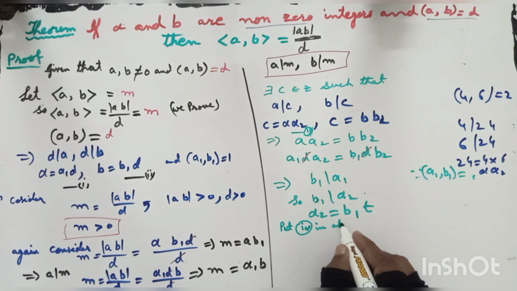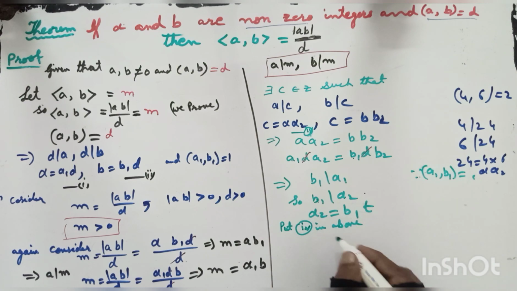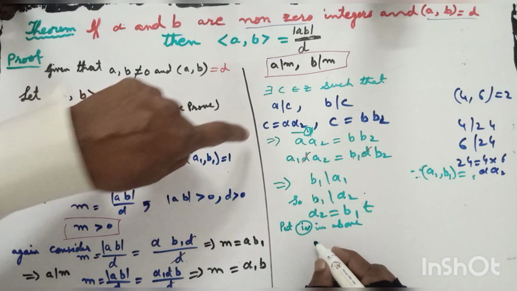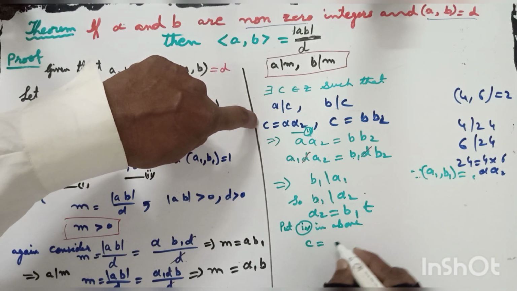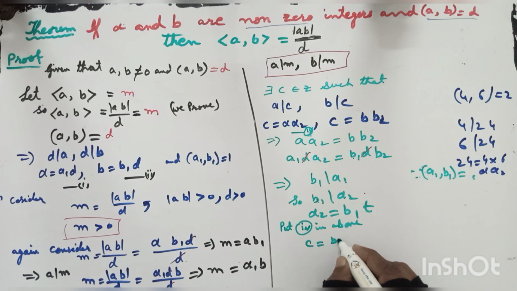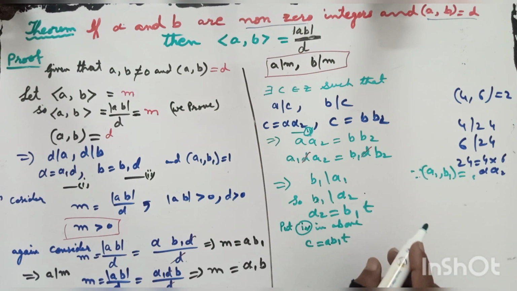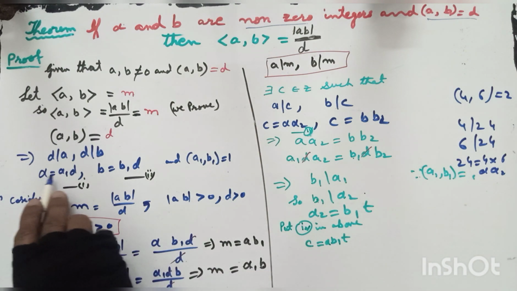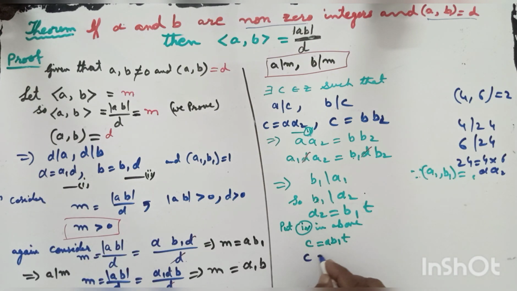Put it in above. Okay, so what is C? C becomes A B1 T. What does it mean? Now if I plug in the value of A, what is the value of A?